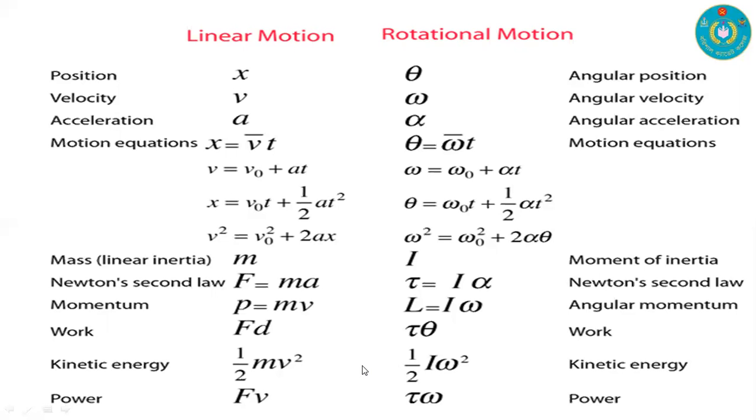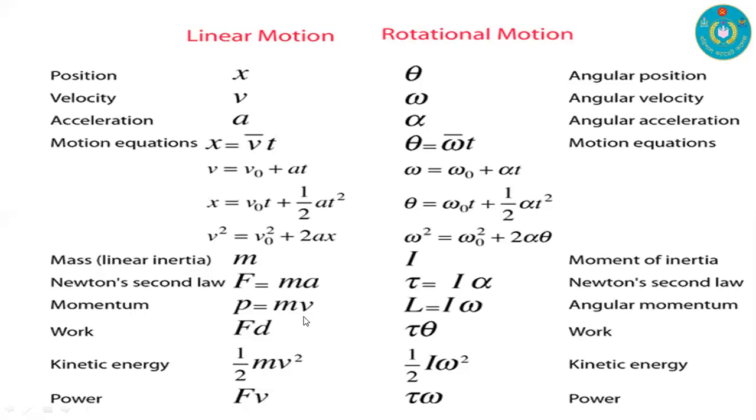And here we have some other equations for rotational motion or angular quantities. For linear motion the term for mass is m, and for rotational motion the term is moment of inertia, I. For Newton's second law we have F is equal to ma, and for rotational motion the equation is tau is equal to I alpha.